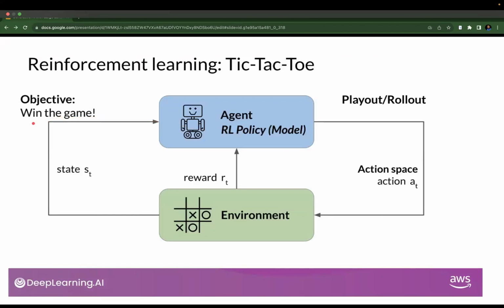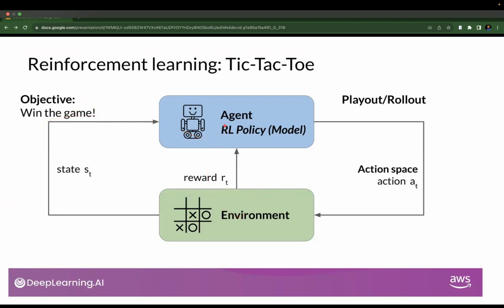This is an example of the tic-tac-toe game where the agent, which is the reinforcement learning policy or the model, takes an action. The environment over here is the board on which the game is played, and the state of the board is the arrangement of circles and crosses. An action means placing a circle or a cross in one of the empty positions, and based on this learning, the objective is to win the game.